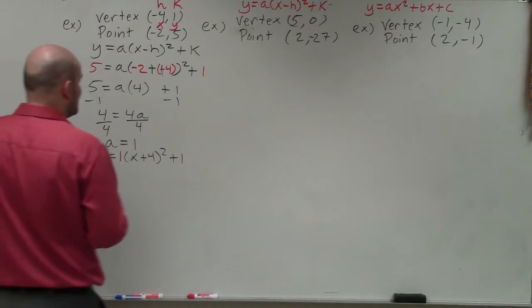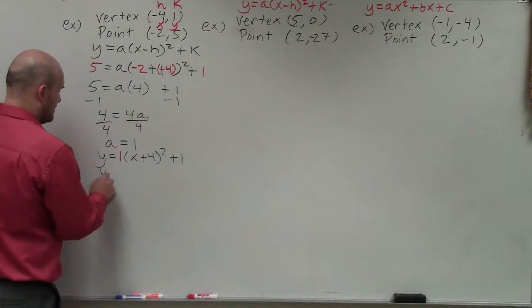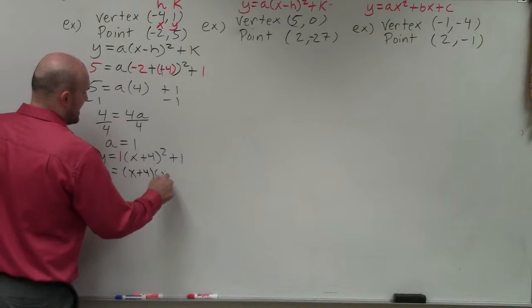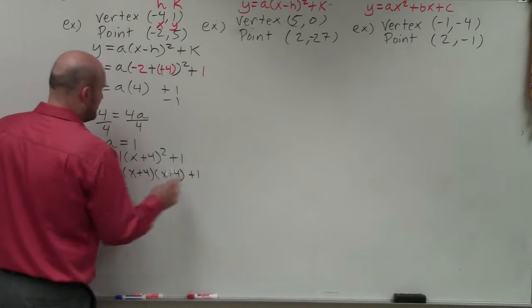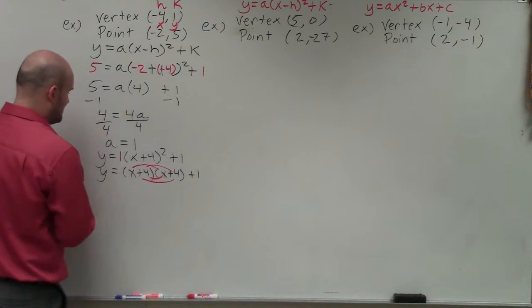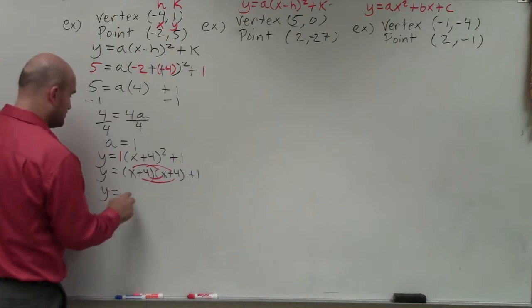Now, to write this in standard form, what we need to do is expand this and then add the 1. Remember, (x plus 4) squared is (x plus 4) times (x plus 4), and then plus 1. You're going to have to apply FOIL here, or use the box method. For this one, I'll multiply it out; for the other ones, I'm going to do it in my head.